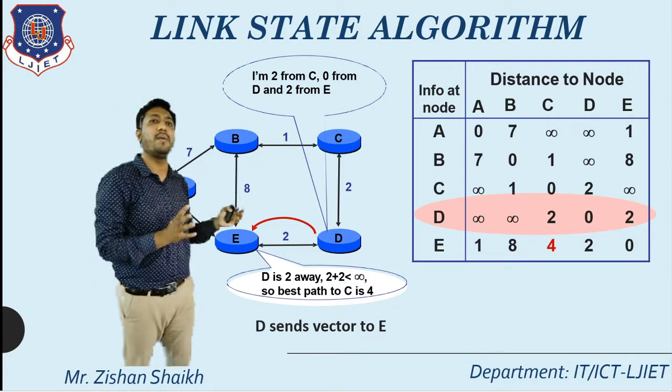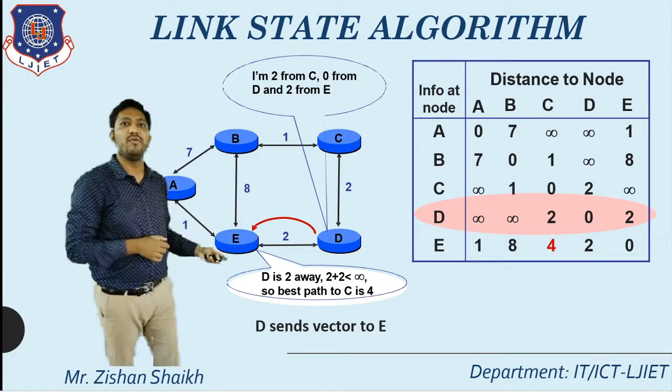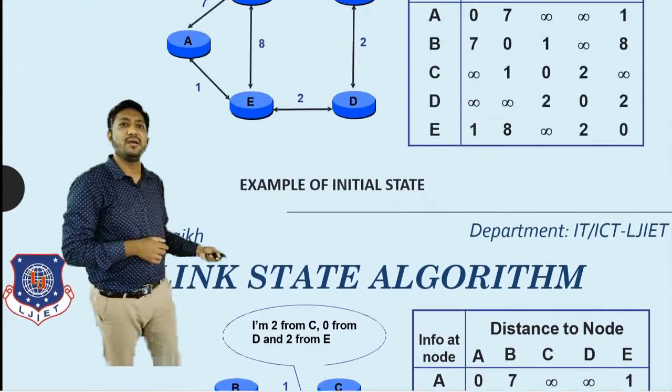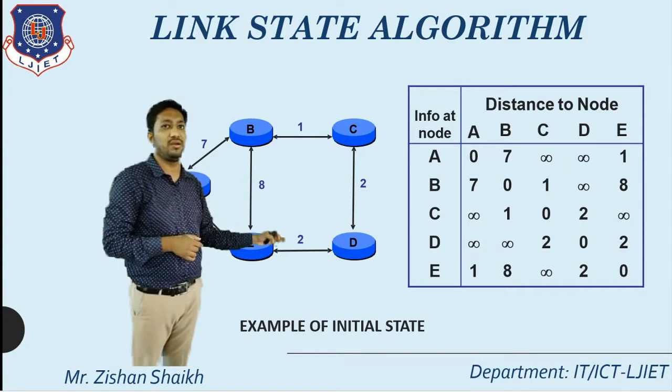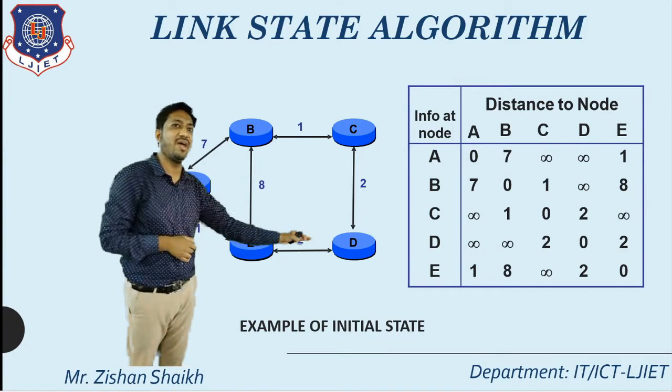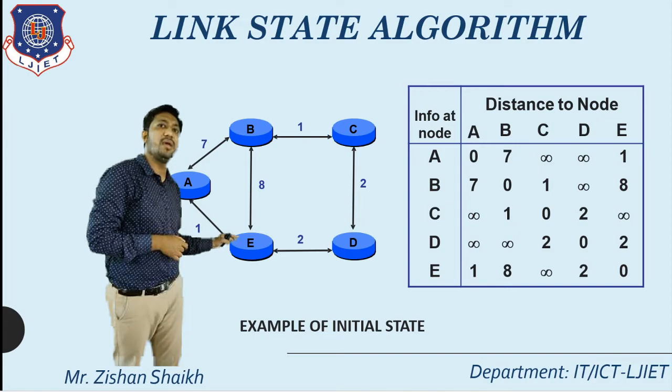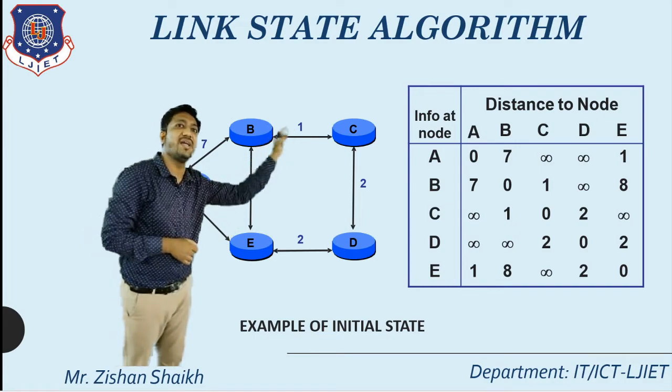For E, in the previous table, which is the initial state, we also wrote that from E I cannot reach C directly.